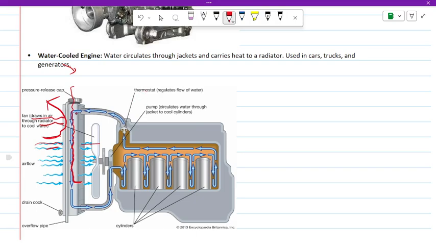The water comes near the cylinders through water jackets, coolant jackets, takes the heat, gets warmed, and goes away.